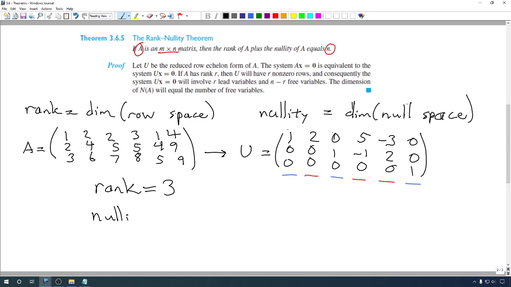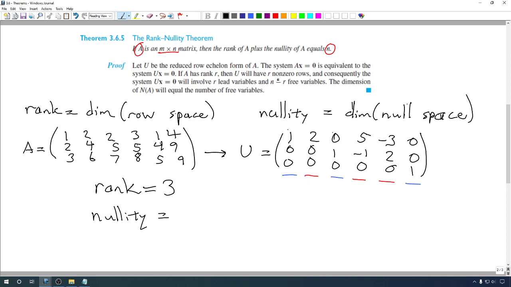Our nullity, on the other hand, if we talk about the null space, well, what do we do there? We realize that every free variable is another choice to make a basis vector for the null space. And so exactly what the free variables are determines how many basis vectors we're going to have for the null space.